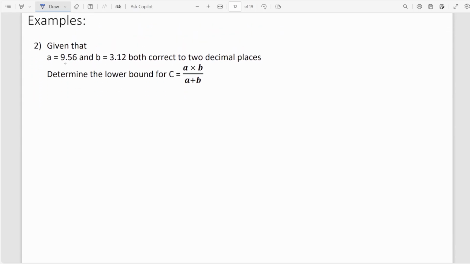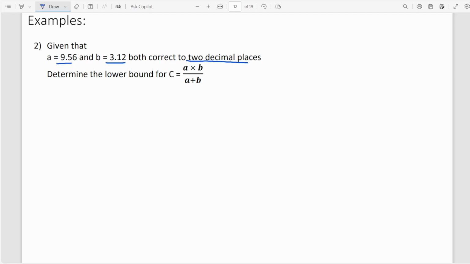Now, given that a is equal to 9.56 and b is equal to 3.12, both correct to 2 decimal places, determine the lower bound for c equals a times b over a plus b. Okay?